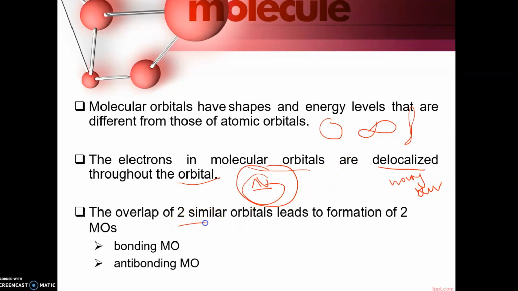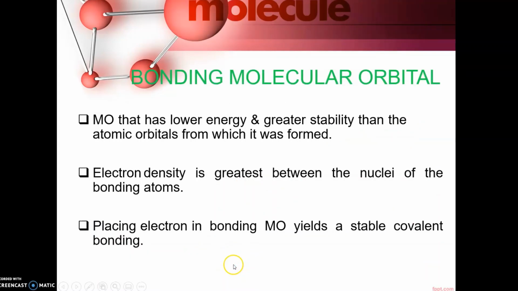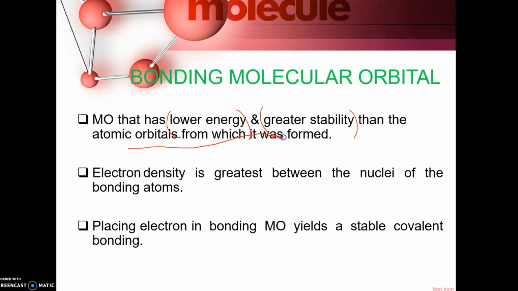The overlap of two similar orbitals leads to the formation of two molecular orbitals: a bonding molecular orbital and an anti-bonding molecular orbital. So what is the difference between these two? First, we're going to discuss the bonding molecular orbital. The bonding molecular orbital has lower energy and greater stability than the atomic orbitals from which it was formed.